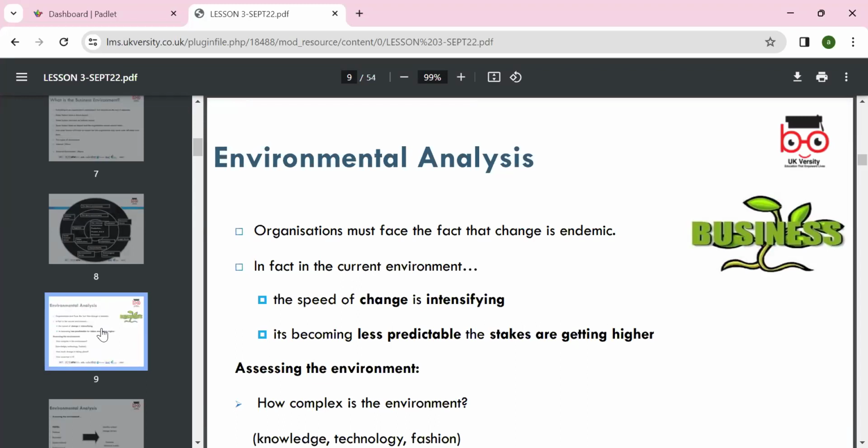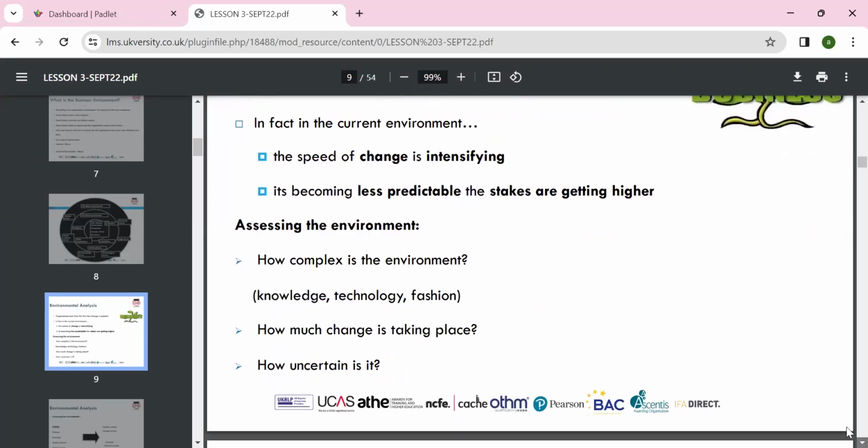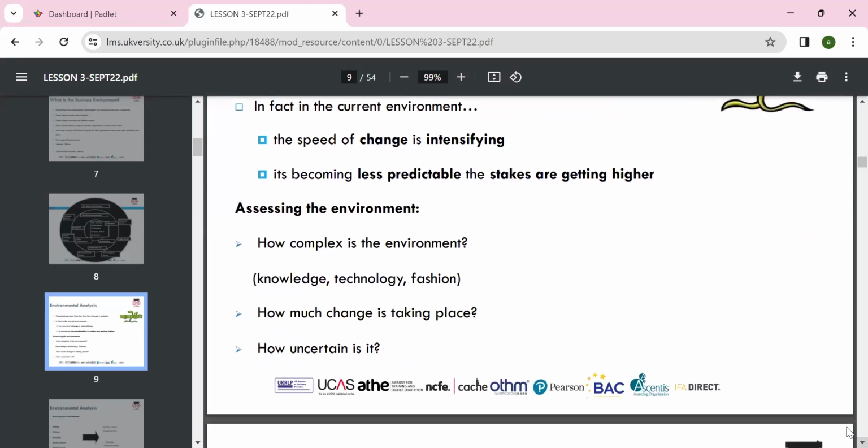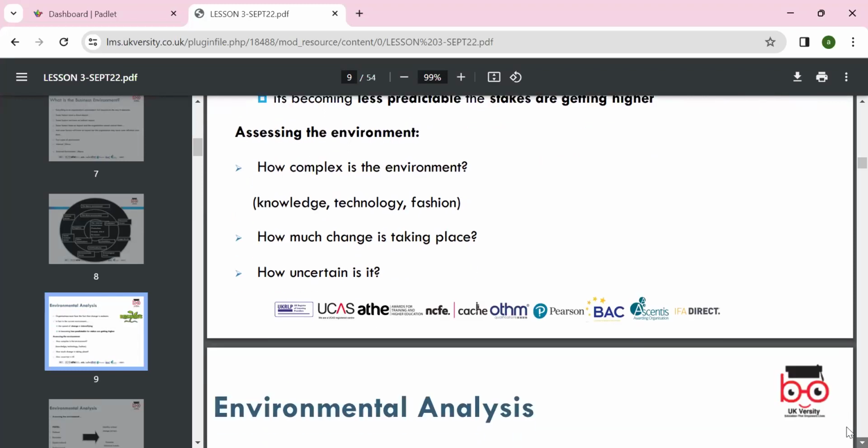Environmental analysis must face the fact that change is epidemic. Change is intensifying and less predictable. Stakes are getting higher, and assessing the environment is quite complex at the moment. Knowledge, technology and fashion show how change is happening. We need to understand the environment.